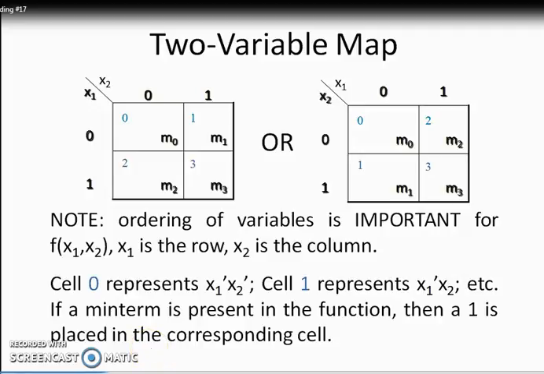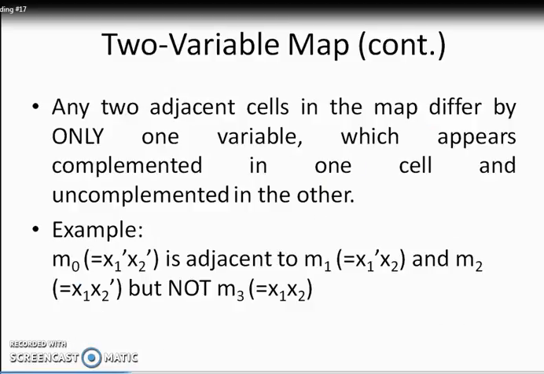That is, for both the variables, the values are 0. And in cell 1, we are representing x1 dash and x2. That is, for x1 we are taking the value 0, for x2 we are taking value 1. So, like this, we are filling up all the terms or all the cells in the map.